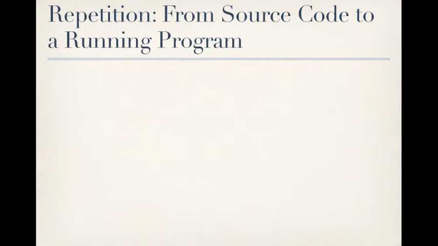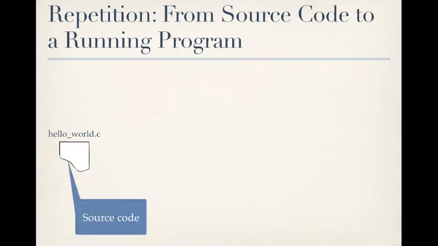Just a small repetition. We did it already in other courses. How do we get from source code to a running program, meaning from source code to code that is executable on a machine? We start out with source code here. As an example, we call it hello_world.c. This is the source code, a file as we have already seen before.